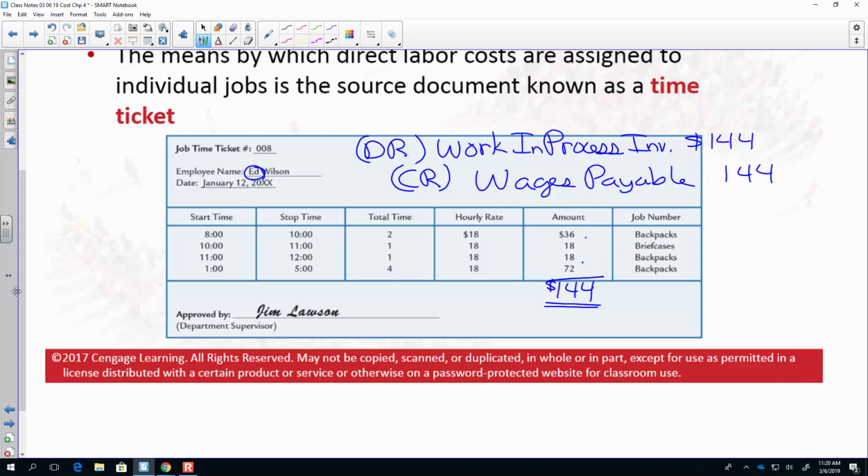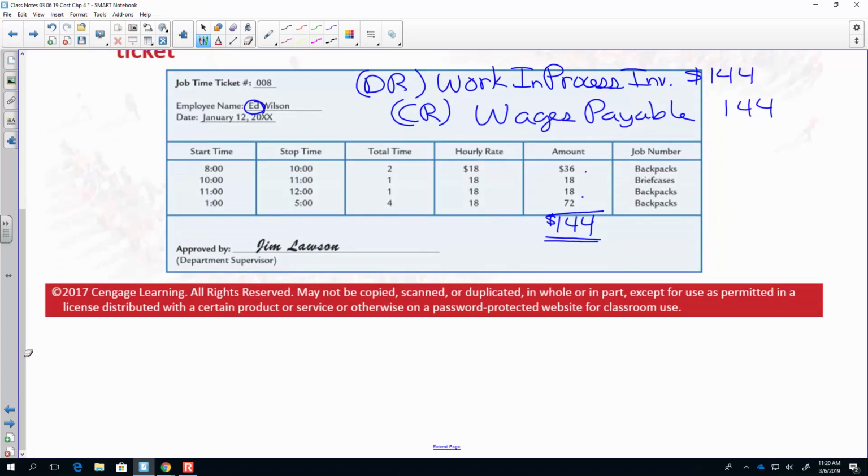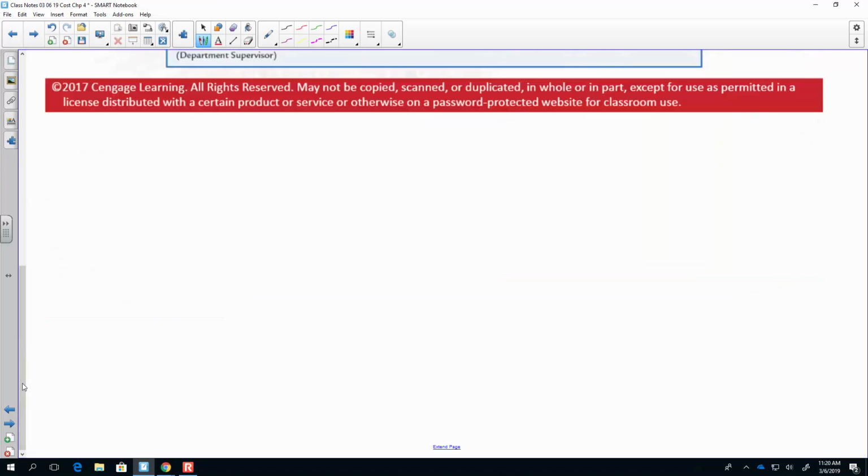Why is it now overhead instead of WIP? He's indirectly related to the production cycle. And can I actually trace him easily to the part? No, there's no way.